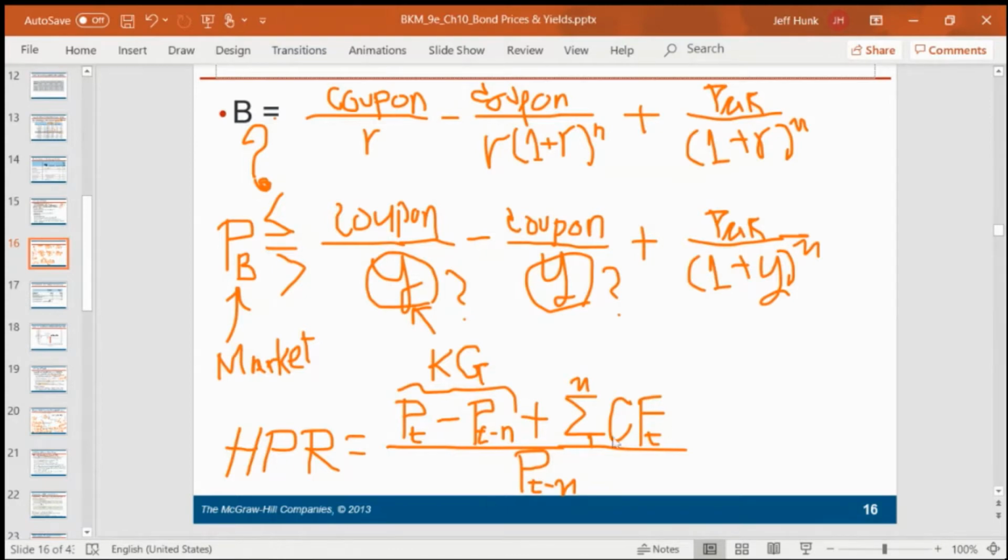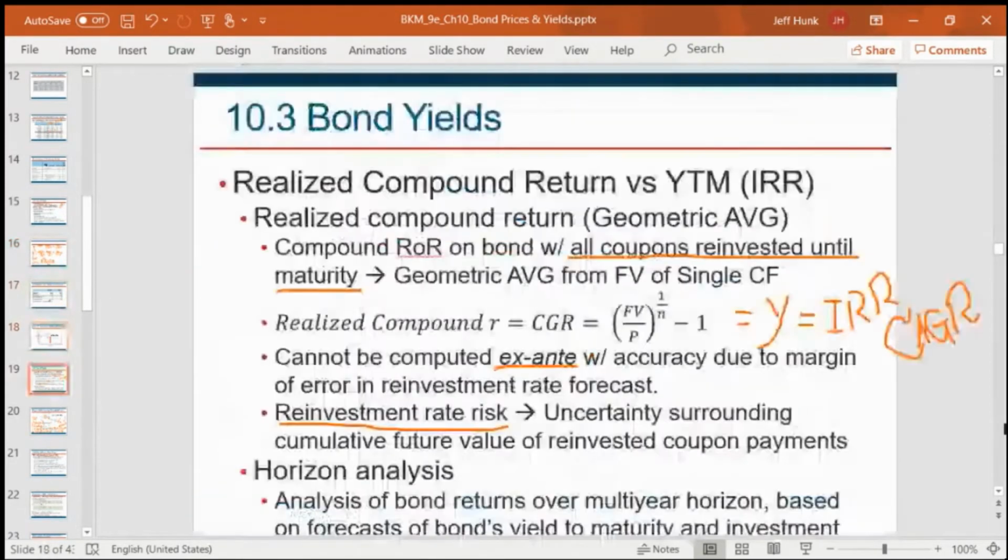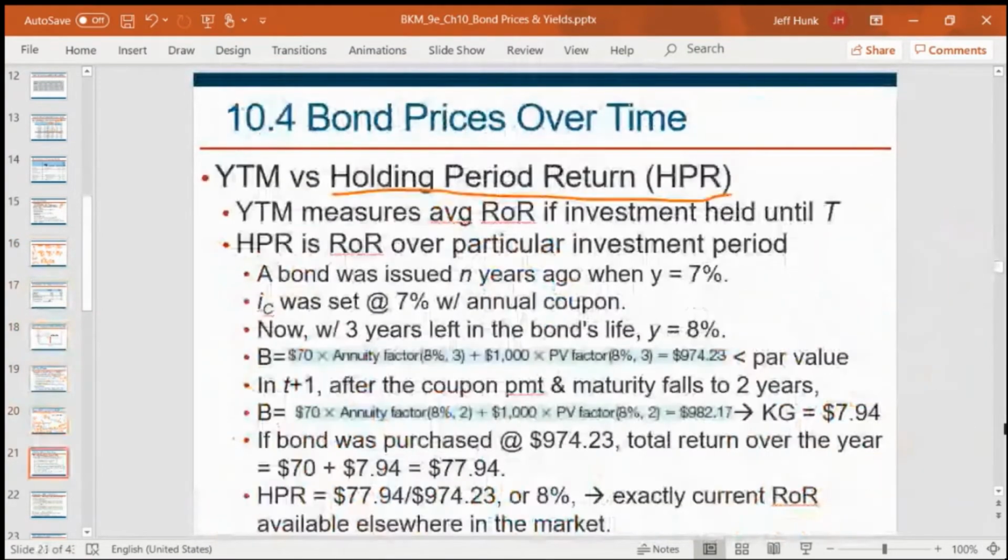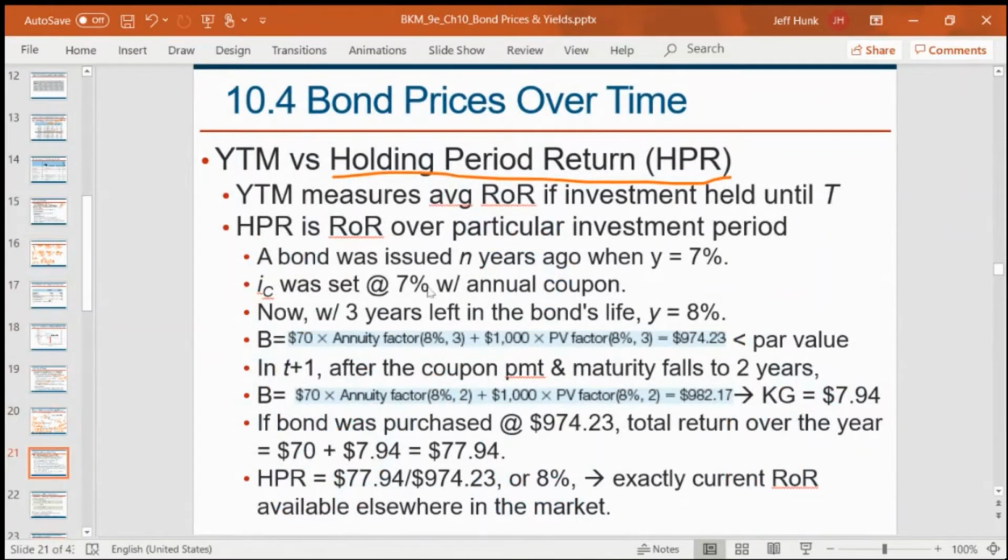And then based on that concept, let's take a look at this example. A bond was issued n years ago when yield was 7%.